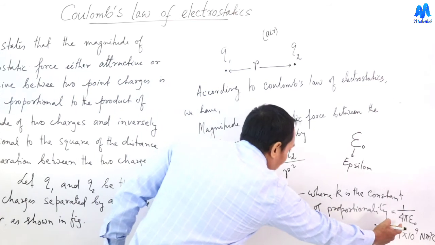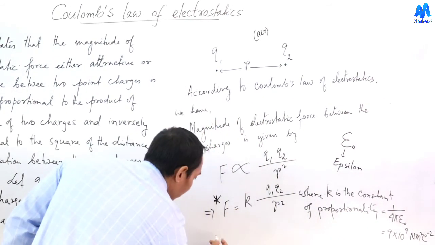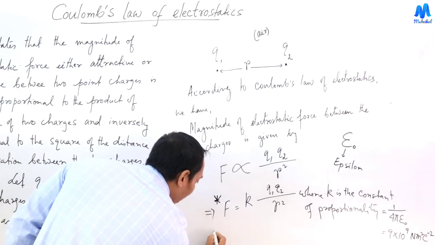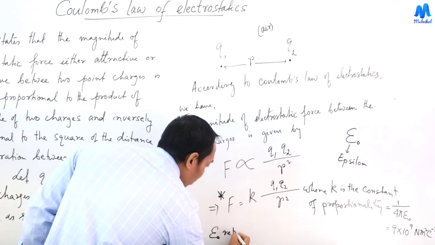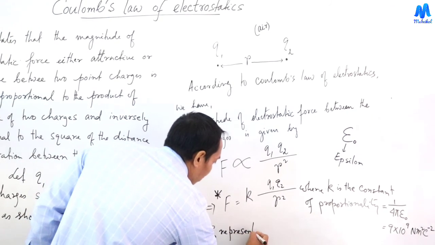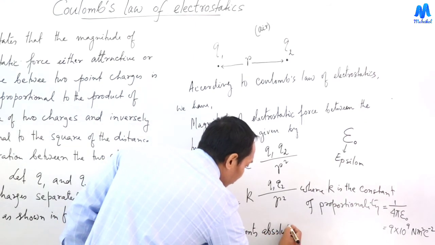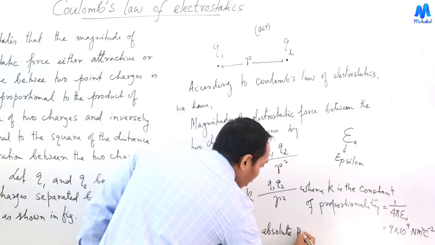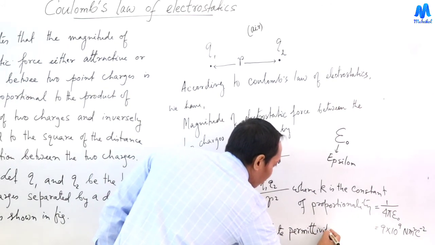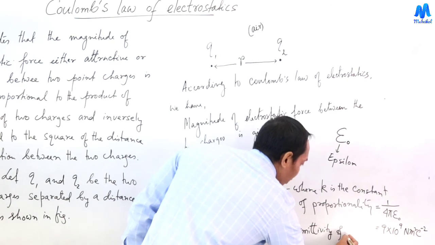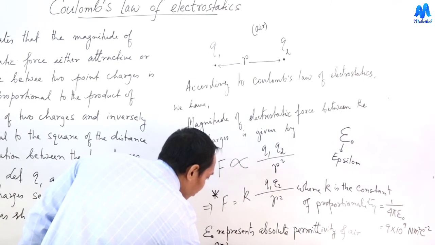Next, we may realize that epsilon not represents the absolute permittivity of air or vacuum.